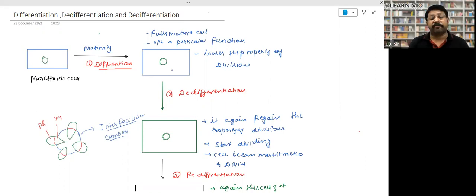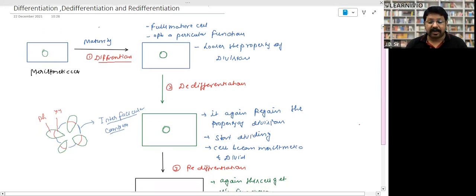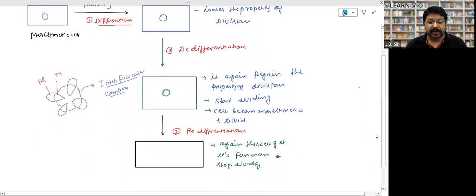This is called de-differentiation. They lost the capacity of division, but again they have got the capacity of division. They regain the property of division and start dividing, and the cells become meristematic and divide.